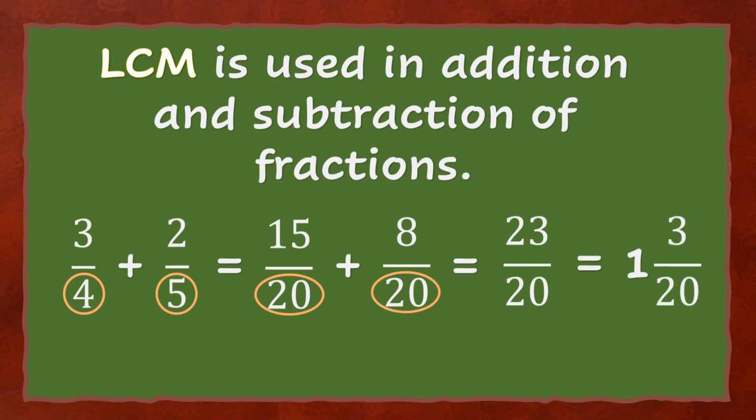And the remainder is 3 over the denominator or the least common denominator or the LCD, which is 20. Again, it's 1, remainder 3. You put the remainder on top and the LCD at the bottom. And 1 is called the quotient. So 1 and 3 over 20 is the answer when we add 3/4 plus 2/5.